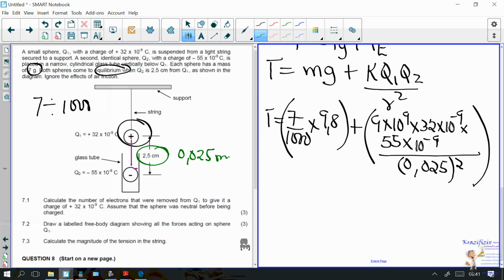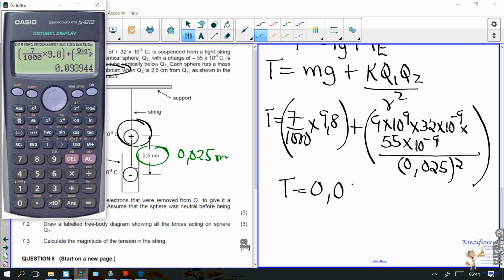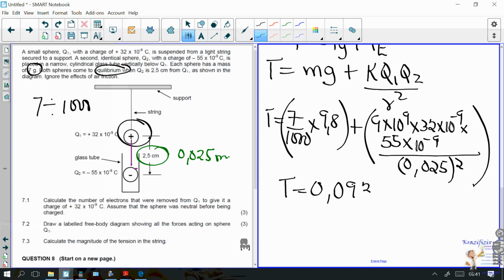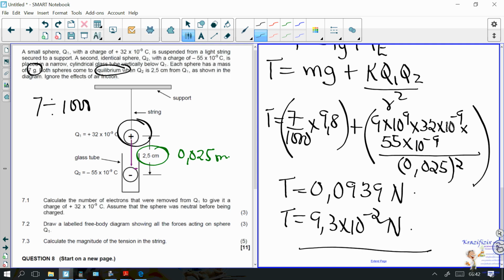T therefore is 0,0939 newtons. And if you want to write this in standard form, it becomes 9,3 times 10 to the power negative 2 newtons. All right, and that's what we do.